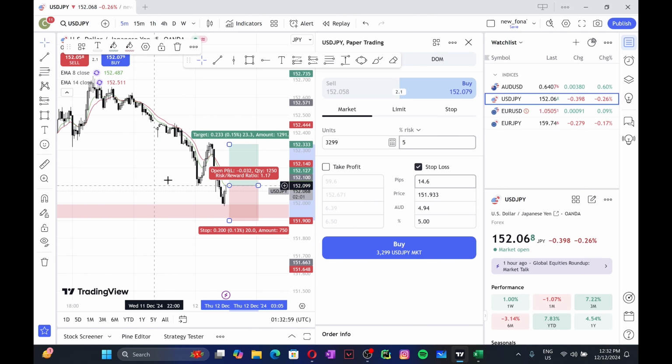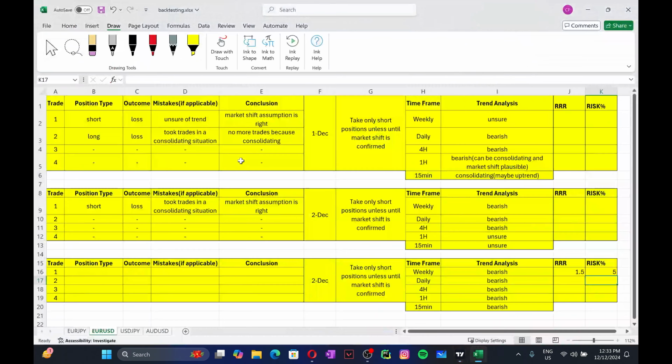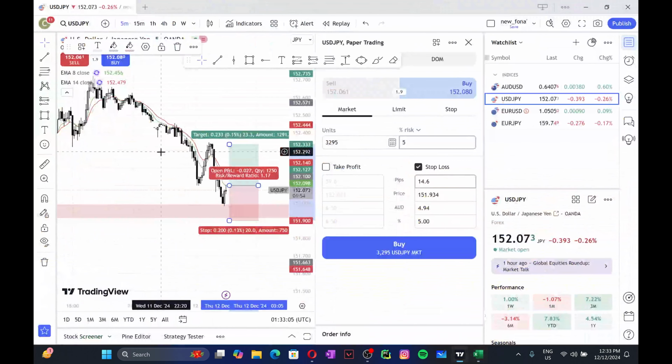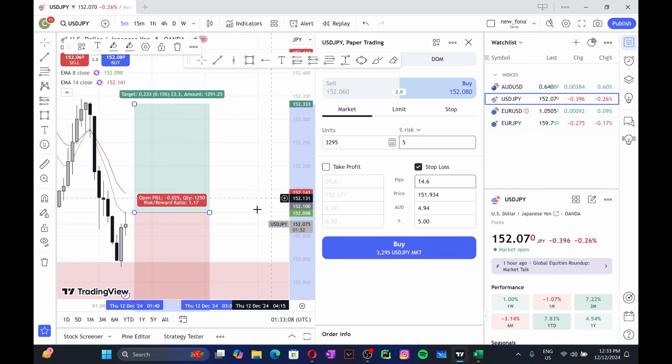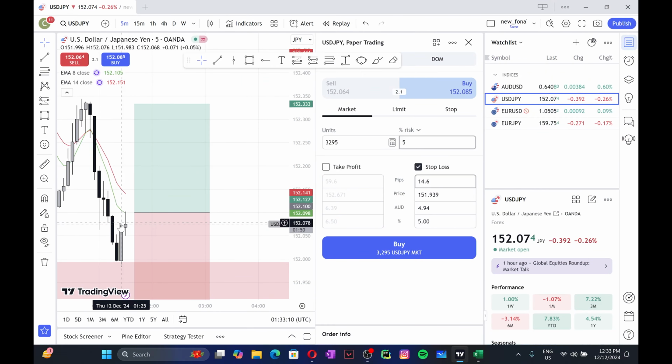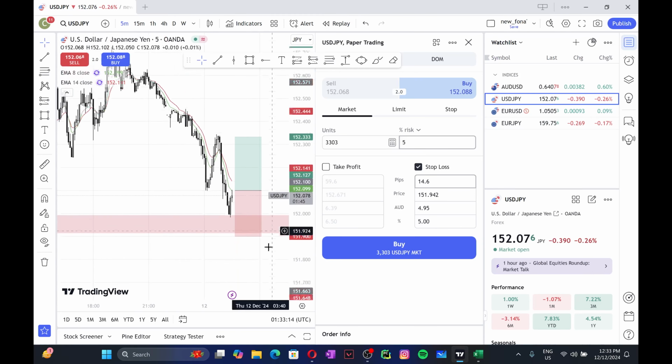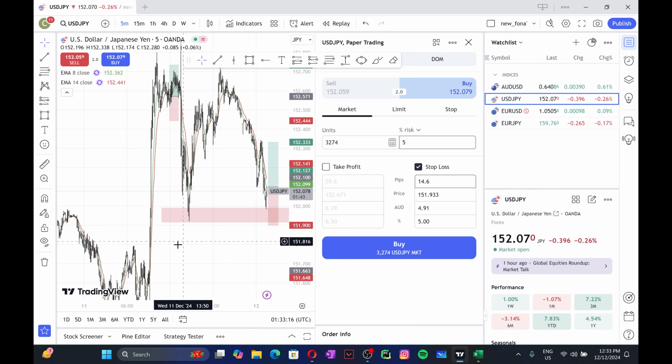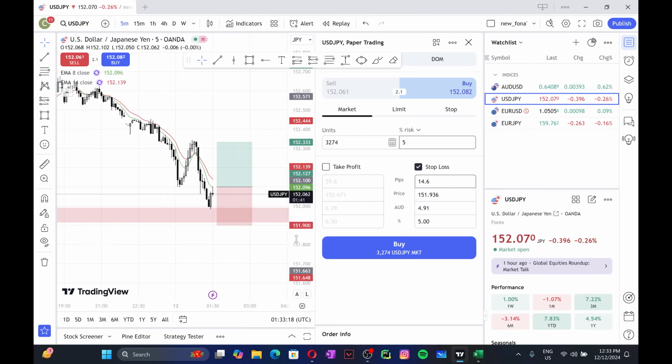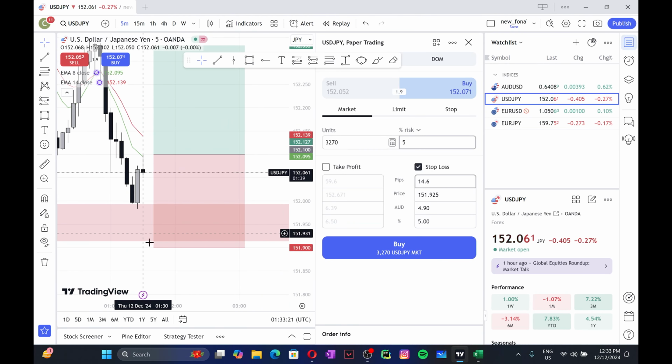This one below the zone. And yeah, so that's a 1.17 risk to reward ratio. And let's actually see what's going to happen, because we're not sure. But since the whole market was still going bearish, I strongly believe that it's going to be a huge profit.